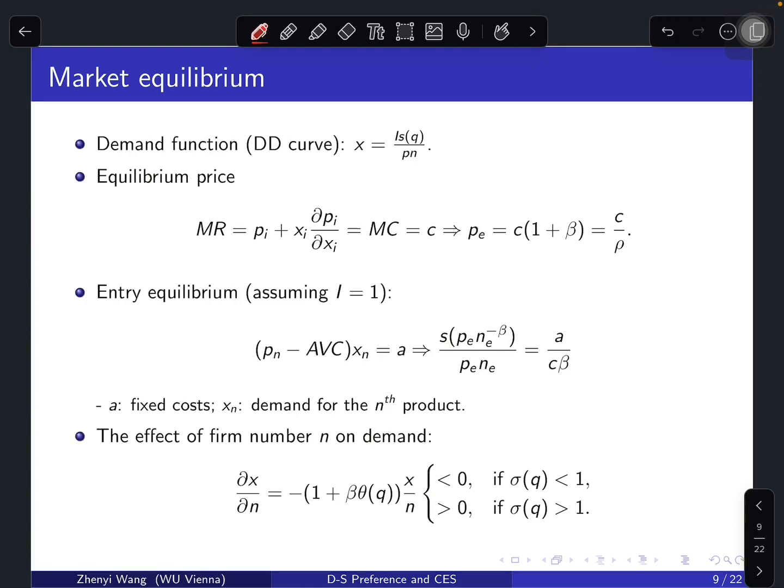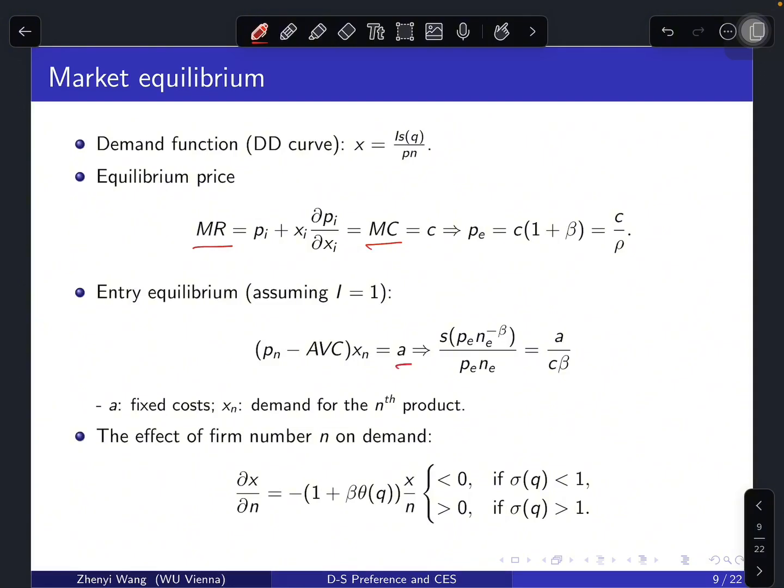Then in the next step, they analyze market equilibrium and compare it to both constrained and unconstrained social welfare optimum. In the market equilibrium, firstly, firms set marginal cost MC equal to marginal revenue MR to maximize profits, and we could get the equilibrium price level from this profit maximization condition.